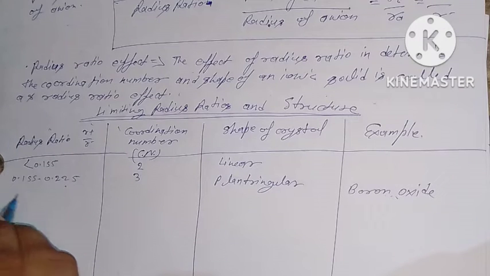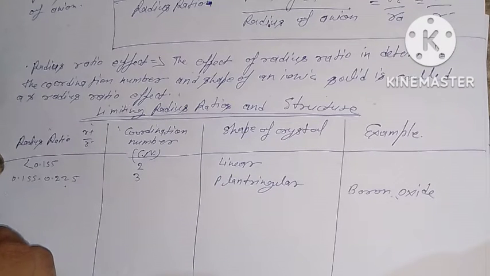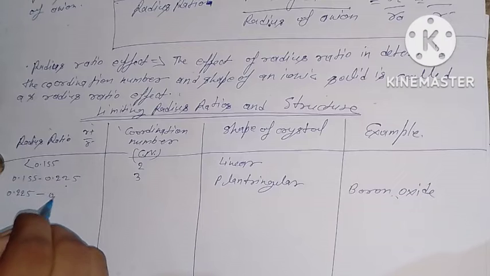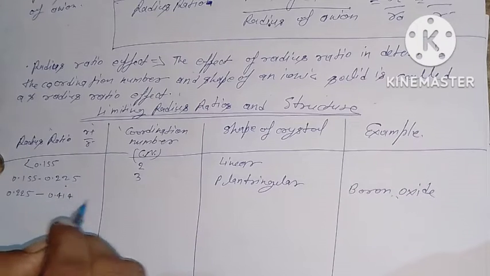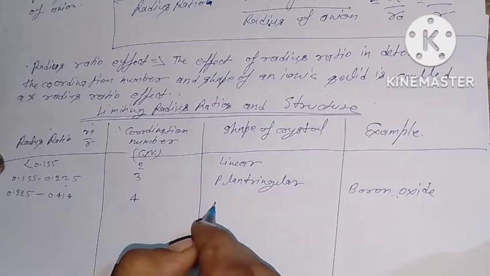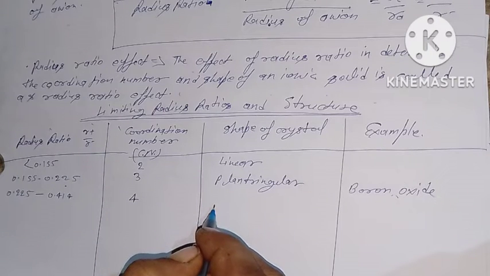Next is 0.225 to 0.414. That is coordination number is 4, and structure is tetrahedral.